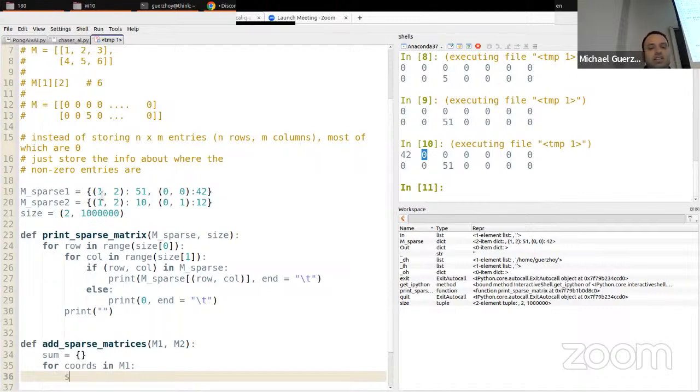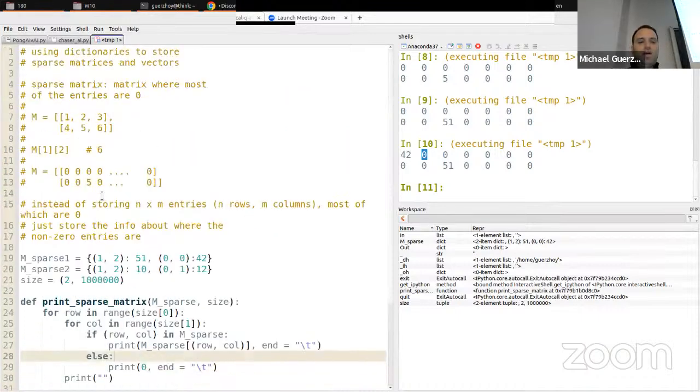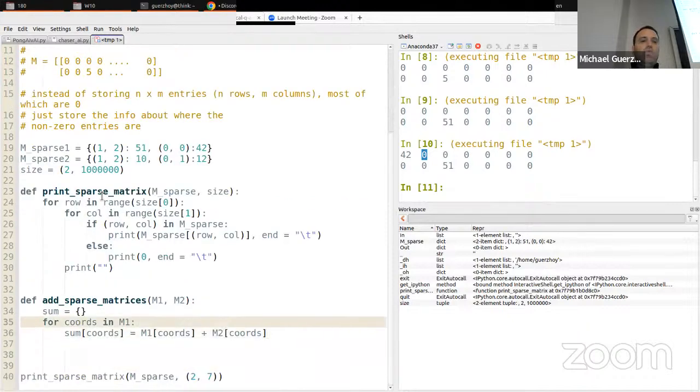This is going to be sum at coords. What is it? It's the sum of M1 at coords plus M2 at coords. So remember, what for coords in M1 means is that coords is first 1, 2, and then it's going to be 0, 0.